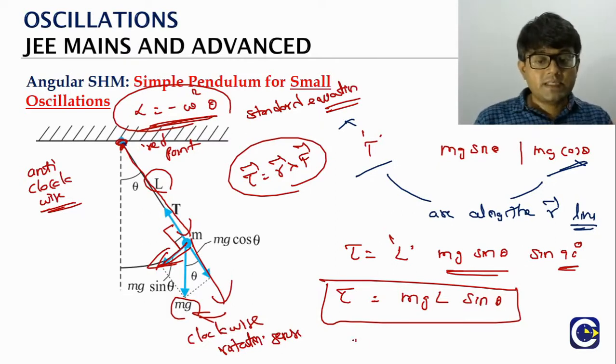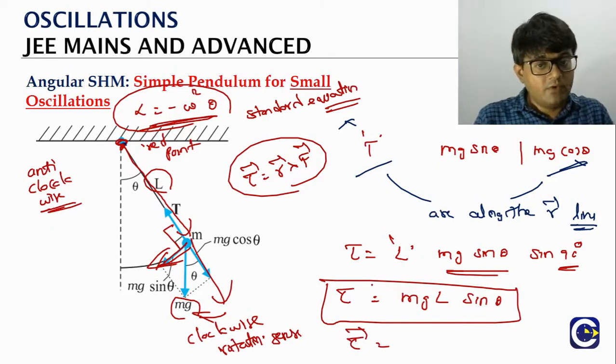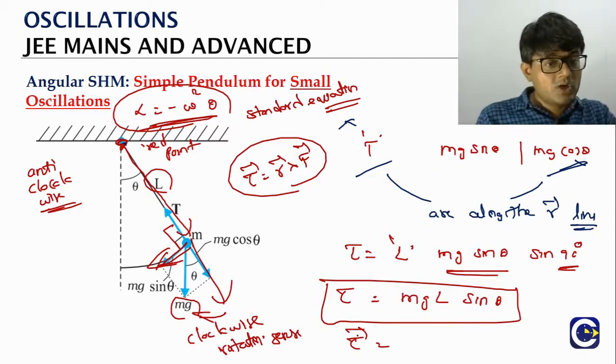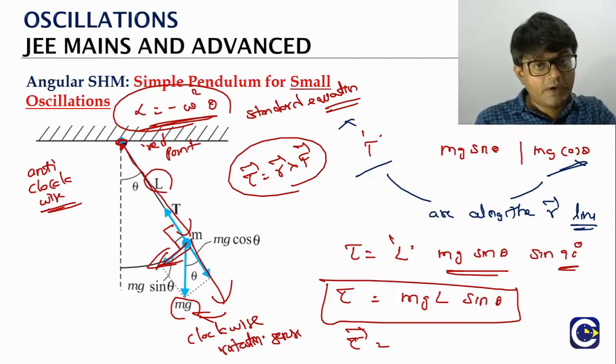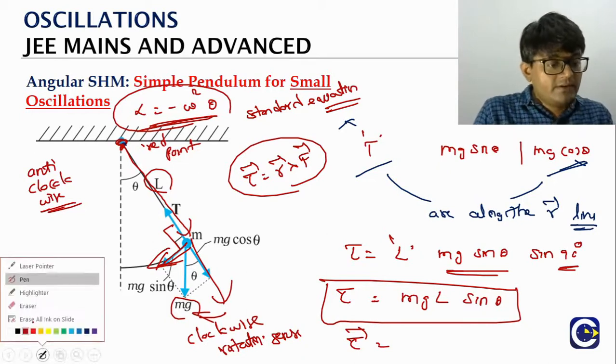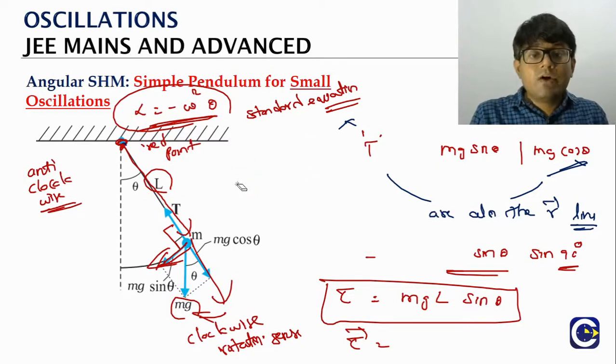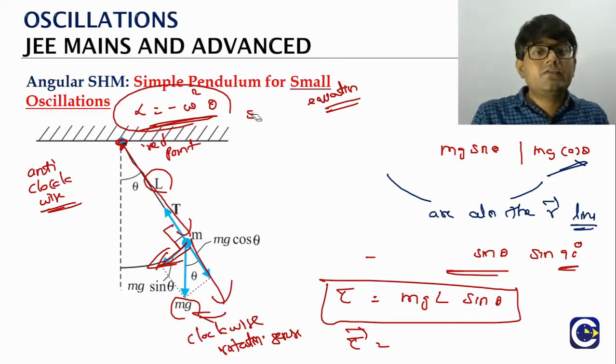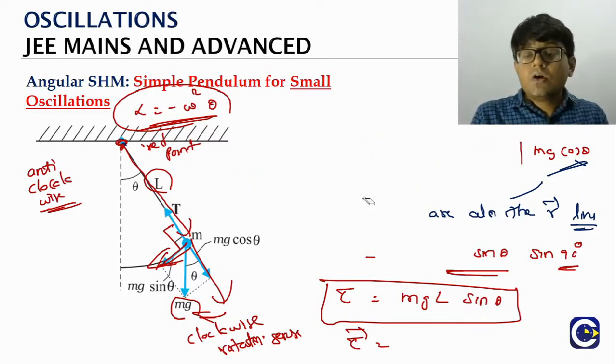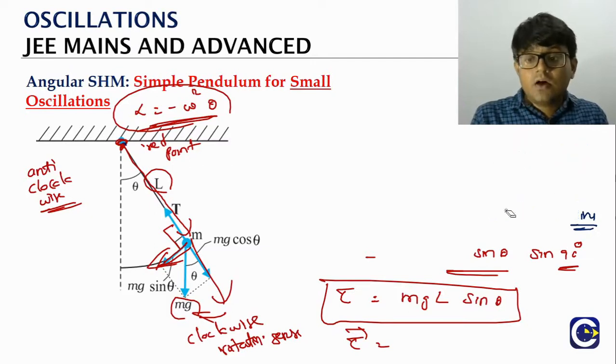If you want to write it as a vector relation, we must also indicate whether it is a clockwise or anti-clockwise orientation. But before we go to that step, there is one more important simplification that we will have to do here. And that simplification we can do only because we have made one assumption at the beginning of the entire discussion. What is it? For small angular oscillations.